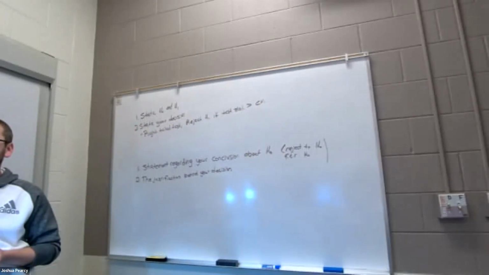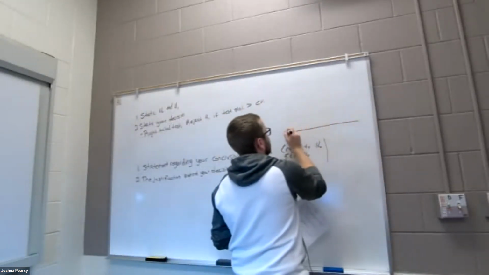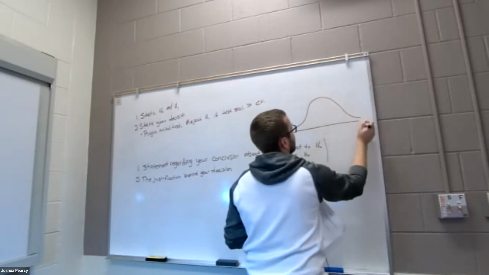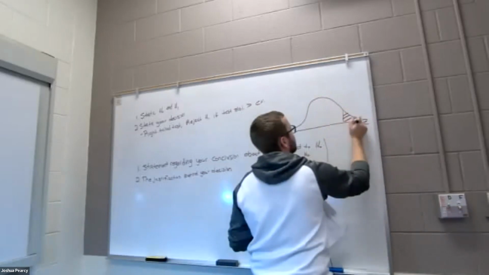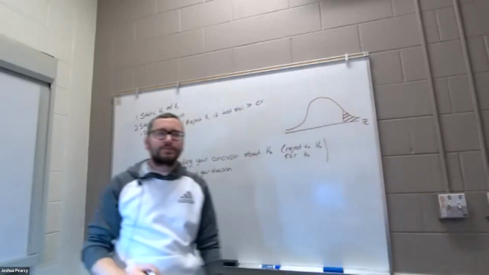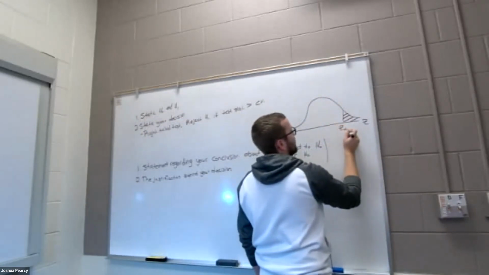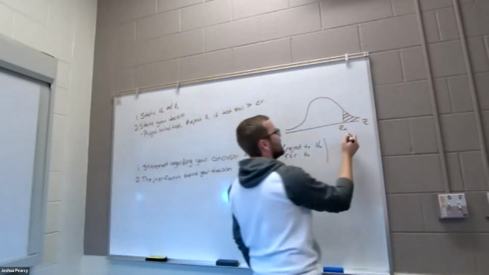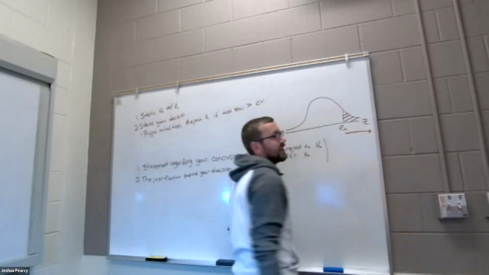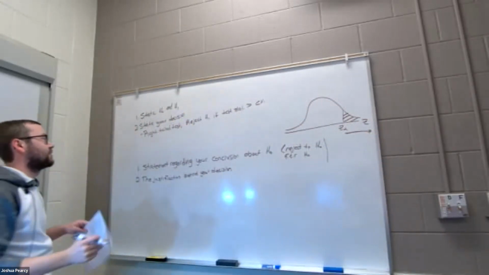So if you have a right-tailed test like this, let's look at the Z one like we were talking about. If we have a right-tailed test, that means we're interested in the area to the right of something, right? Then you can find the corresponding Z-score with area of alpha to the right. And then we would reject for any test statistic above that critical value. That's the idea behind the first one.